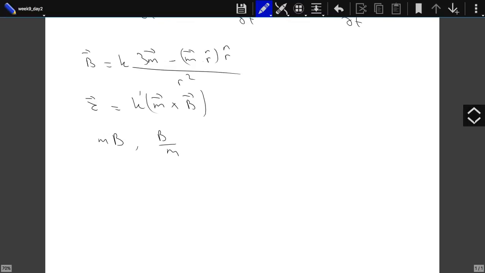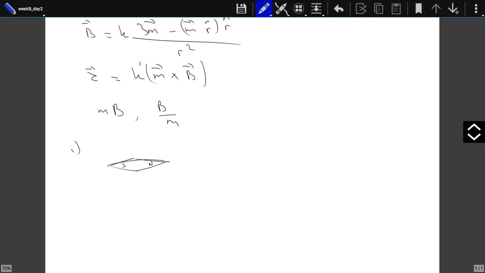Now, let's start with the torque. Well, if you take a compass, it has the north and the south poles. And you put it in a uniform magnetic field, let's say in this direction. The magnetic dipole moment, let's say, we will define it in the direction from south to north.